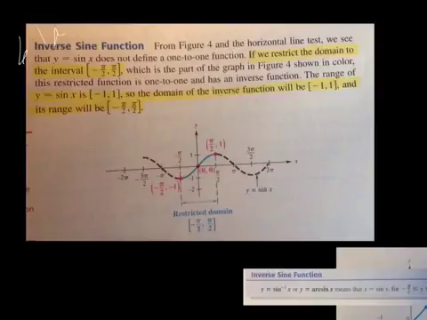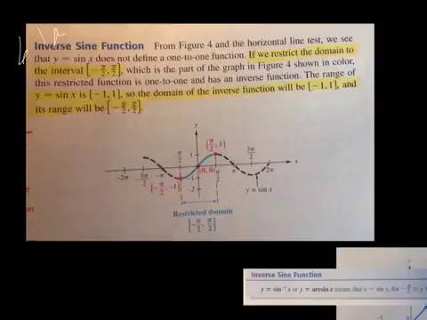We are taking our sine wave and we're looking to see if it is what is called a one-to-one relation. And if you remember, in order to determine that, we did horizontal line tests. And if this horizontal line crossed our graph at more than one point, it was not a one-to-one relationship.